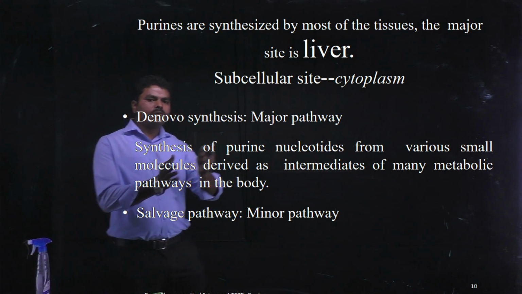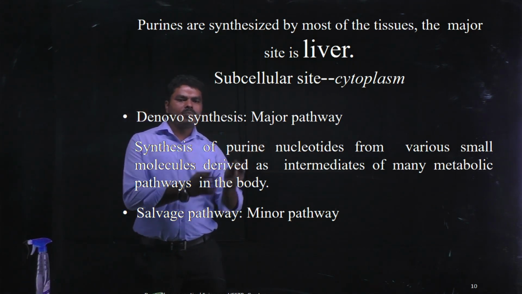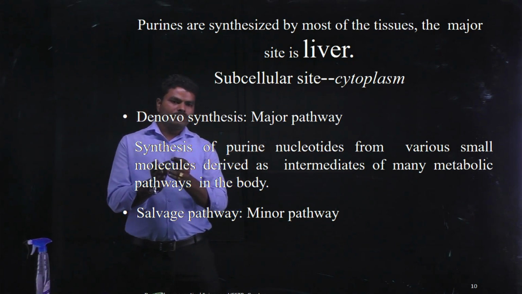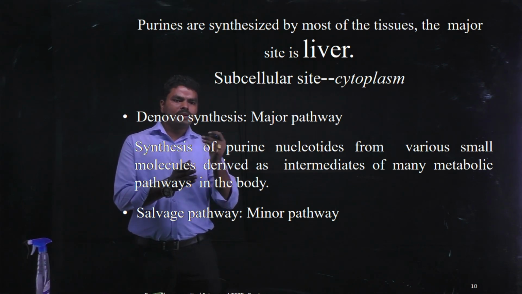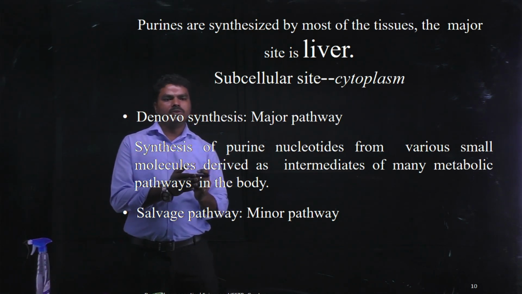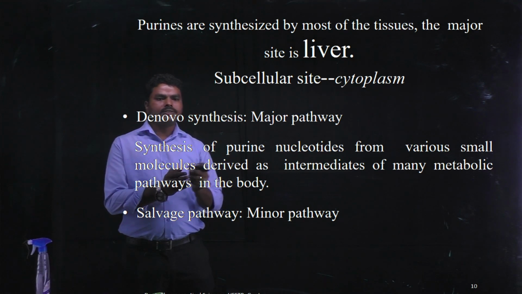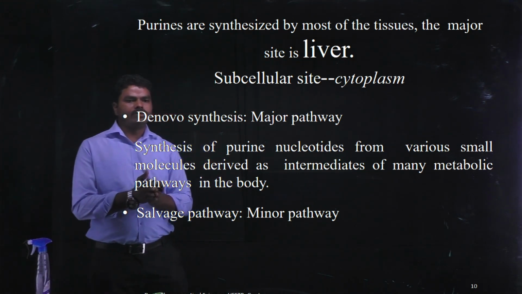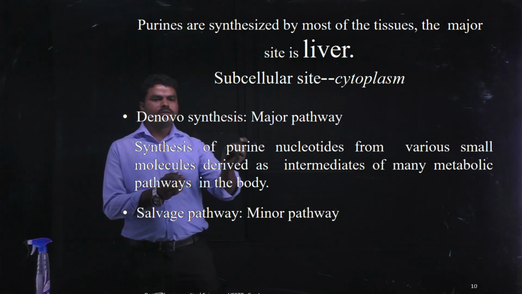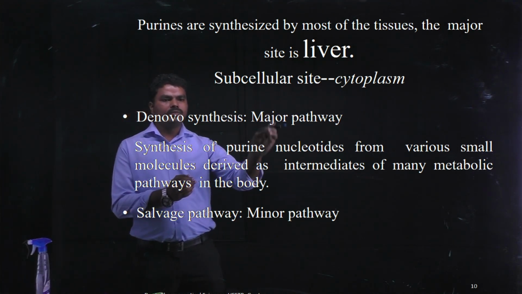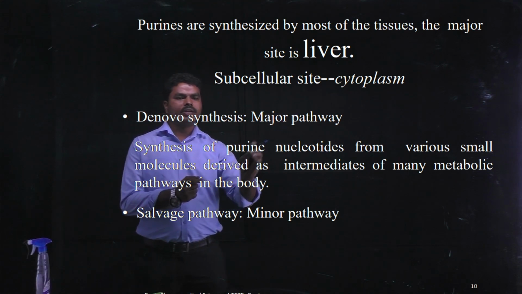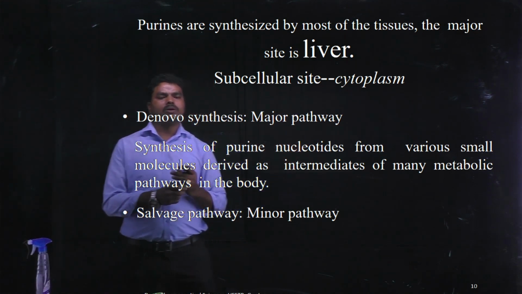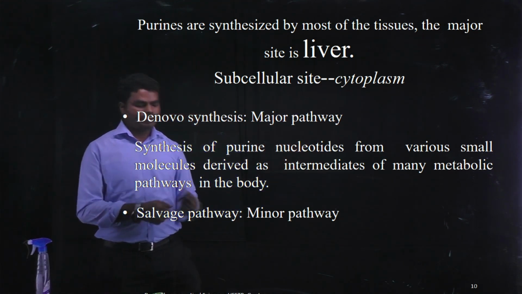Through these metabolic pathways in our biological system, some intermediates are produced, and from these intermediates the starting materials of purine nucleotides are obtained. Okay.